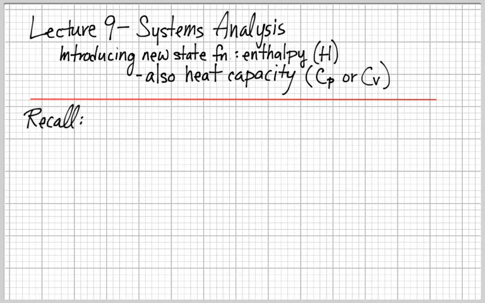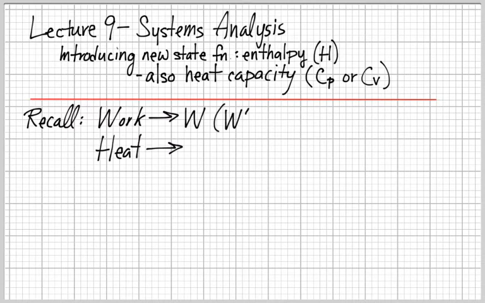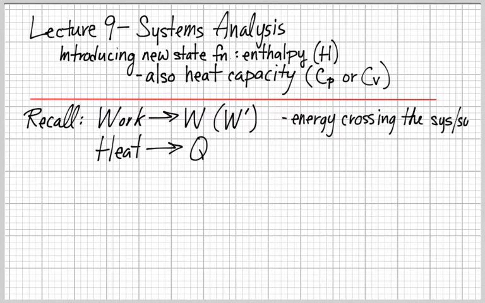So let's get going. First, we want you to recall that work and heat are path functions, right? Work defined by W or W prime for non-mechanical work, heat defined by Q. If I have a capital Q, I'm describing, capital letter in general, I'm describing an extensive property.